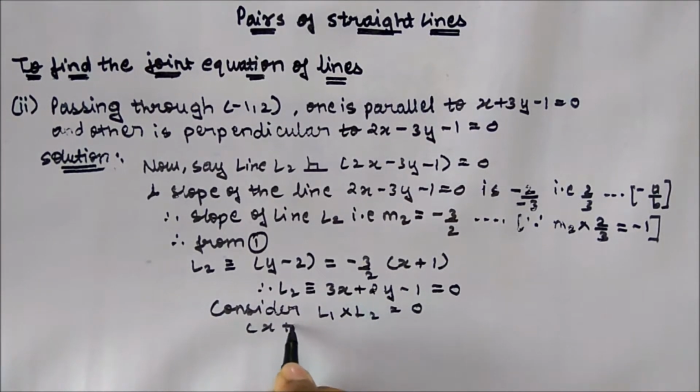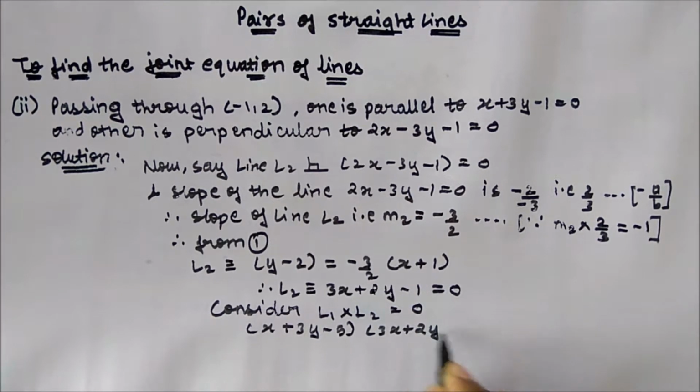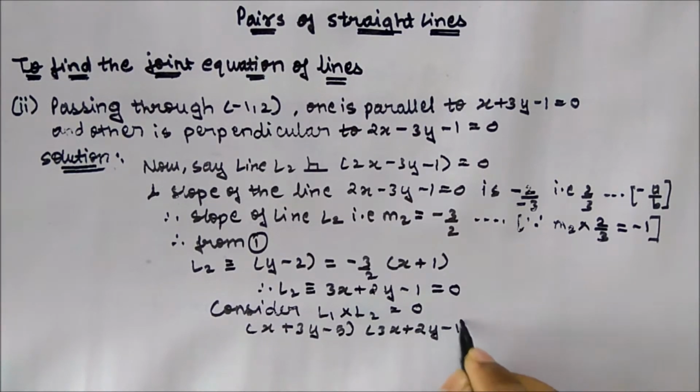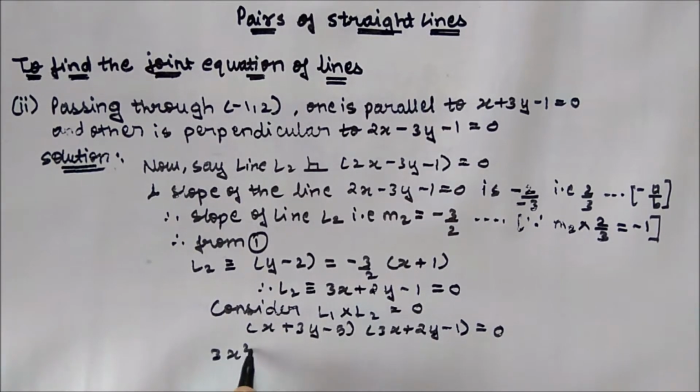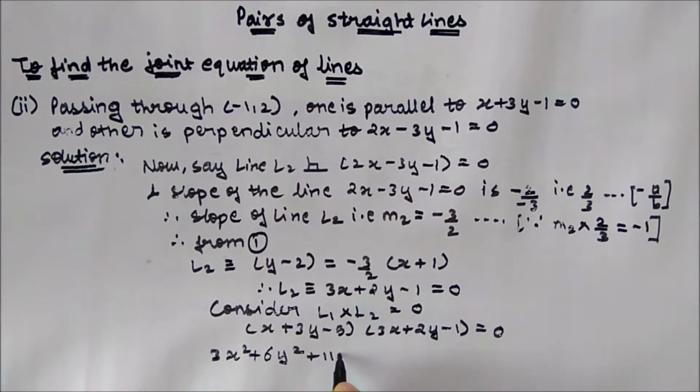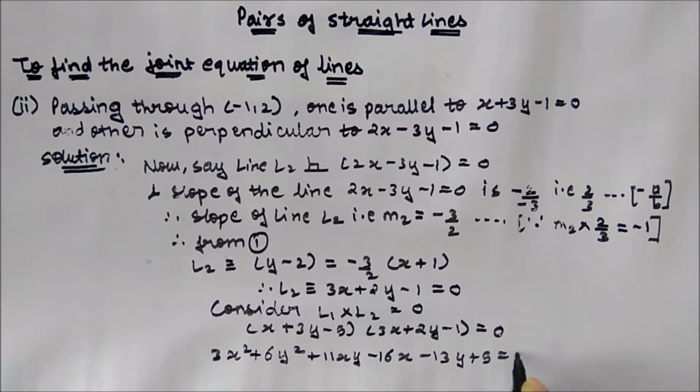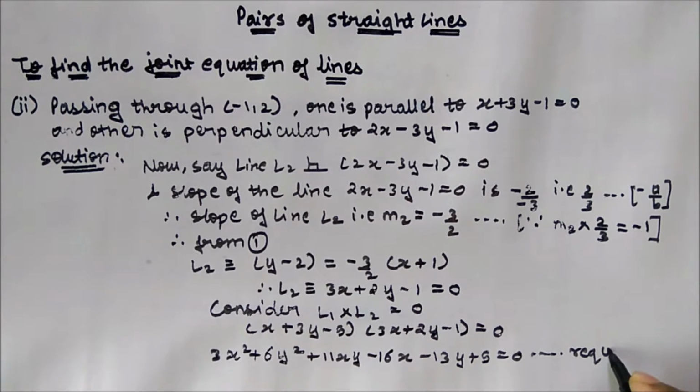So we get (x plus 3y minus 5) into (3x plus 2y minus 1) equal to 0. Now on solving this, we get 3x square plus 6y square plus 11xy minus 16x minus 13y plus 5 equal to 0. This is our required equation.